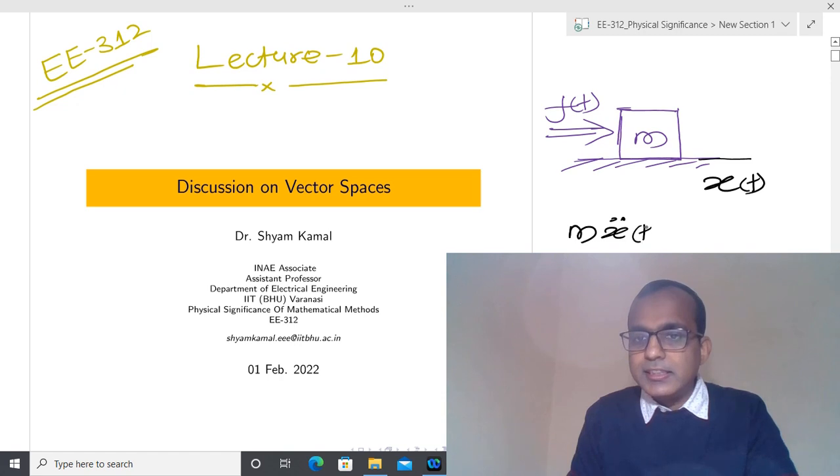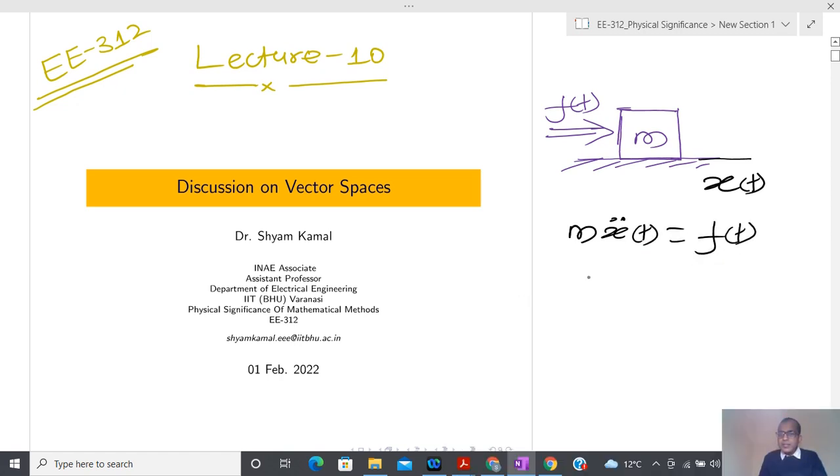We have already seen this F(t). In a state space representation, I am assuming x1 equal to x, and x2 I am going to assume as x dot. Whenever we are assuming, we use this kind of symbol.